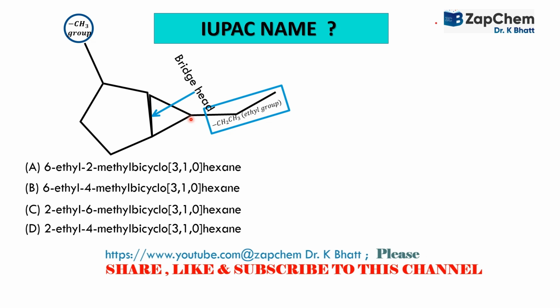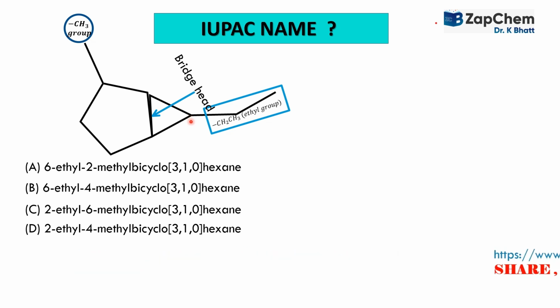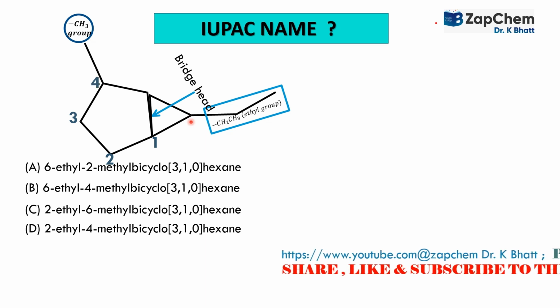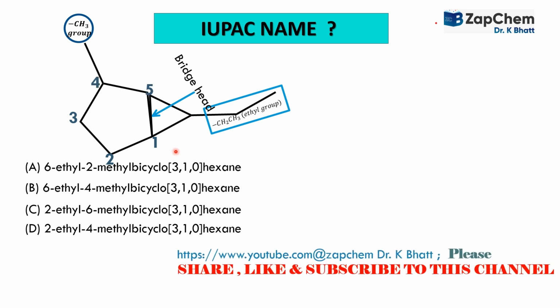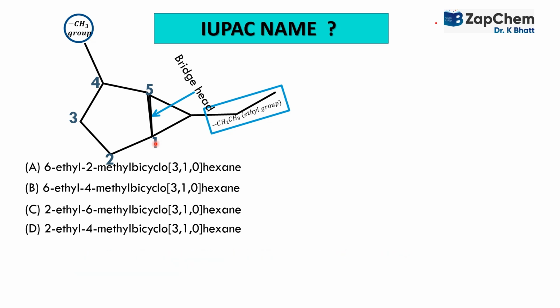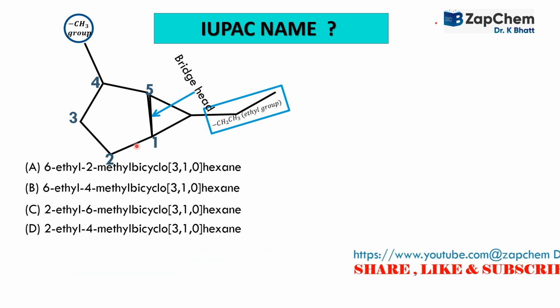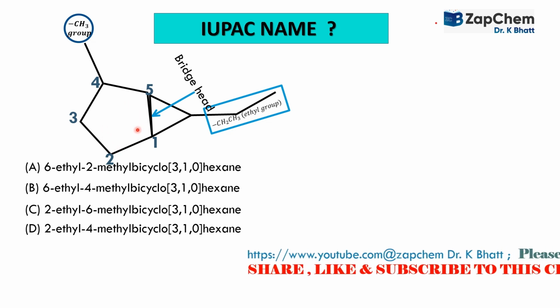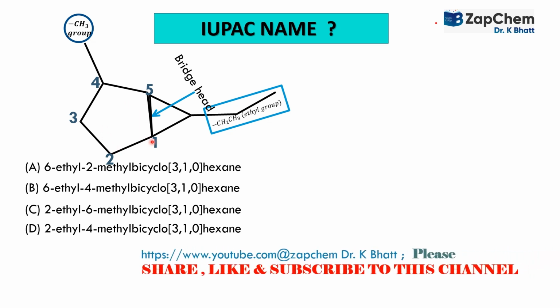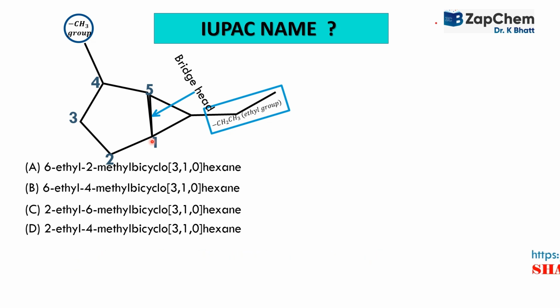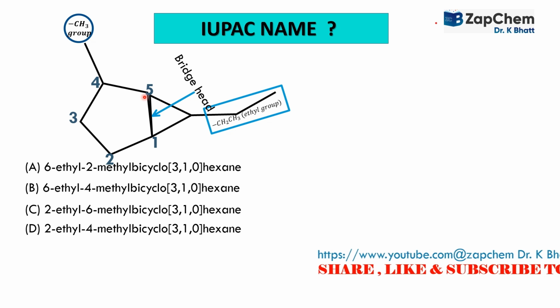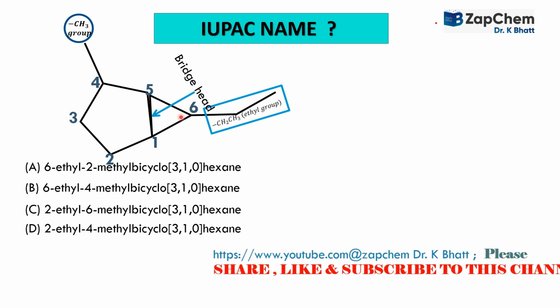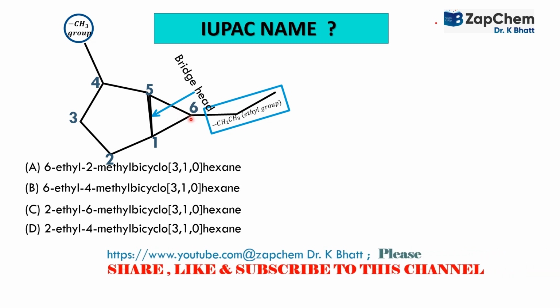Accordingly, if we have to name it, we shall name it by numbering the carbon atoms this way. We can start numbering towards the larger ring, or the bigger ring. So we started from point 1 here and then numbered all the carbon atoms in the larger ring, and finally the smaller ring, that is the 6th carbon atom.